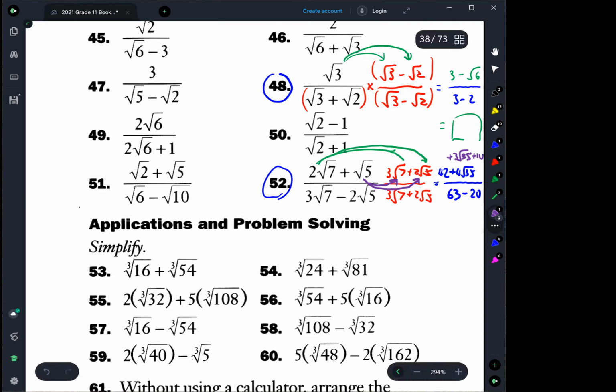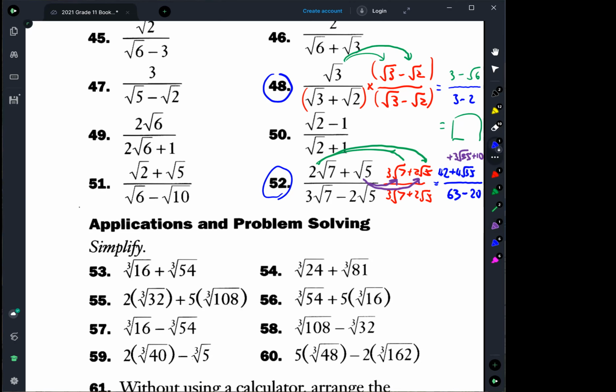So plus 10. Do you see anything to combine together, because you have 4 terms on the top? The 42 plus 10, then you get 52. Anything else you can combine?